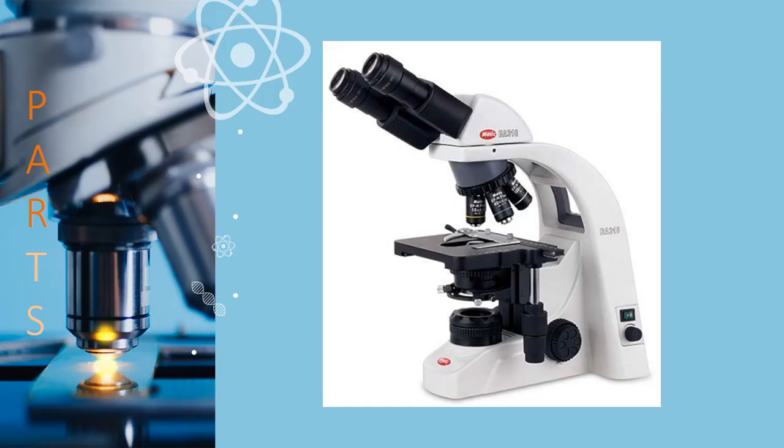Let's discuss the parts of the microscope. The structural elements of the microscope consist of the head and the arm that connects the head to the base. The base is where the microscope stands. Next is the eyepiece, which also refers to the ocular.